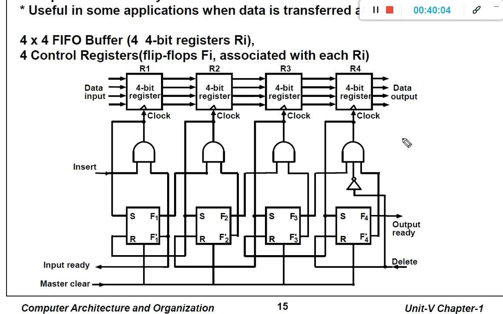That is why, if you consider devices like a monitor or a printer, all these different devices have a buffer included within the device, so that whatever data is sent from the CPU is directly moved to the buffer, and then it is slowly moved to the particular device. So like this, a 4x4 FIFO buffer will work. Hope you understand the logic. That's all for now.